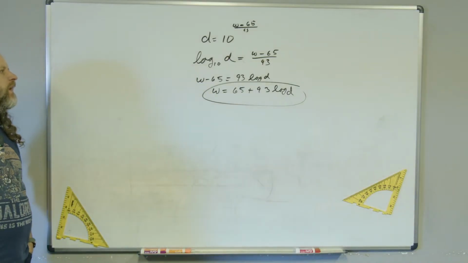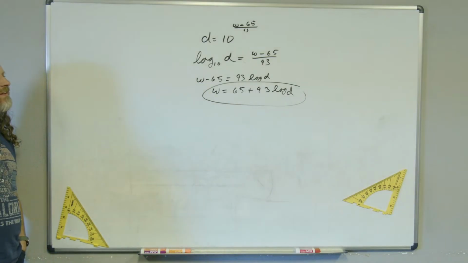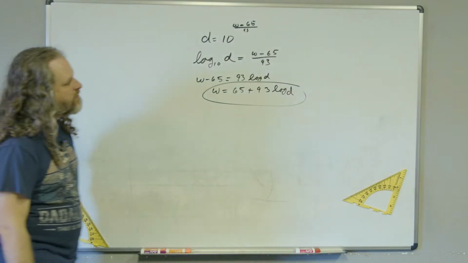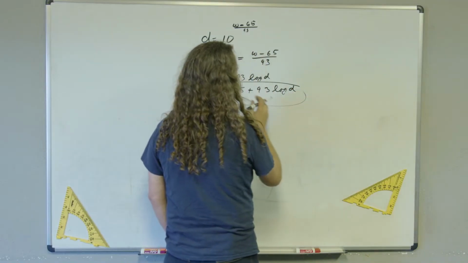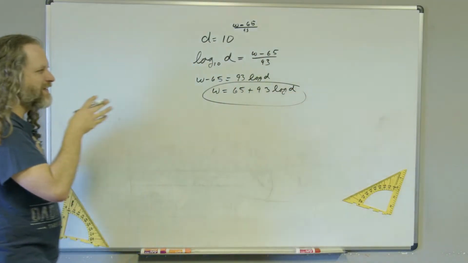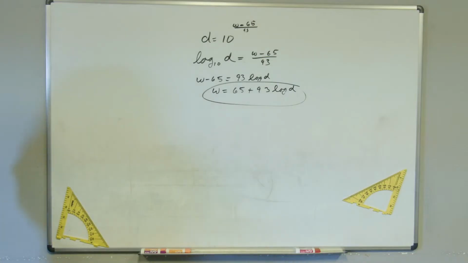No. I just like to write it that way because I'm thinking about D in a weird place, but it's less like the 65 is part of the log. No, it doesn't matter.